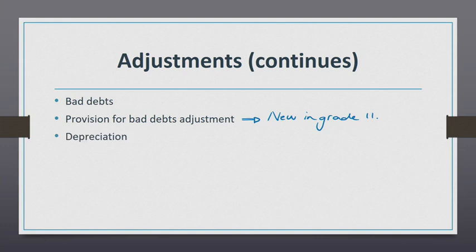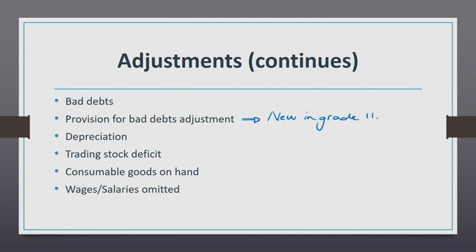Then depreciation and after asset disposal depreciation is actually very easy. Trading stock deficit, difference between what was counted and what is in our books. Consumable goods on hand, wages and salaries that were omitted, a worker's salary or employee salary that we did not record. How do we handle that at the end of the financial year? And obviously, correction of errors.